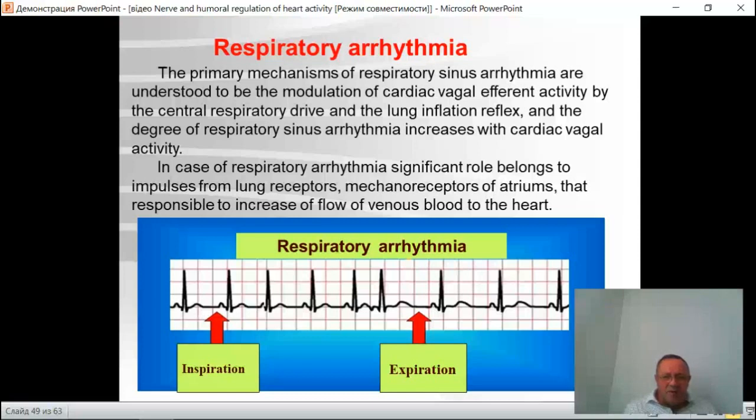In case of respiratory arrhythmia, a significant role belongs to impulses from lung receptors and mechanoreceptors of the atrium, which are responsible for the increased flow of venous blood to the heart. On the electrocardiogram, you have different heart rates during inspiration and during expiration.